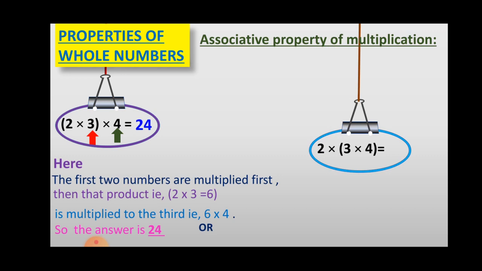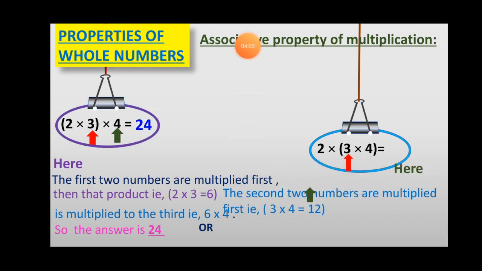Now let's take again the same three whole numbers, and you can perform the multiplication in such a way that we take the next two whole numbers first and get their product first. Let's see what we get by doing so.